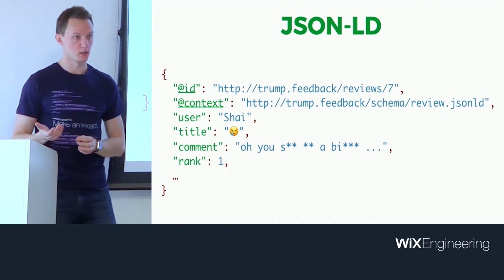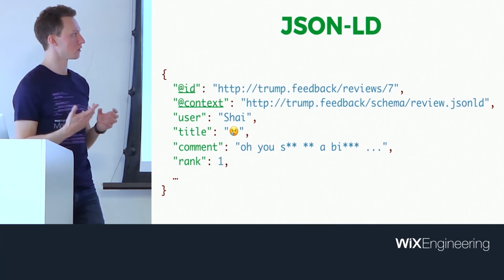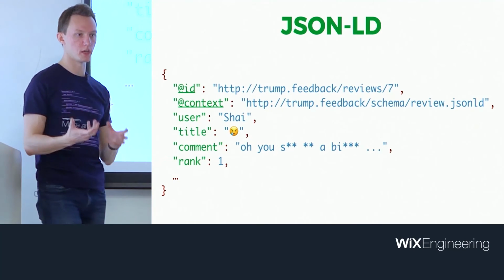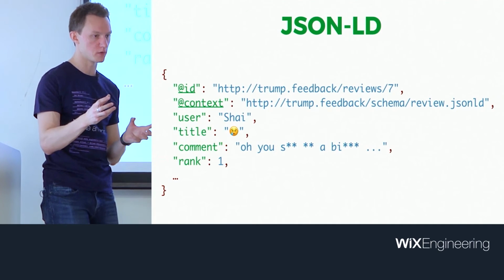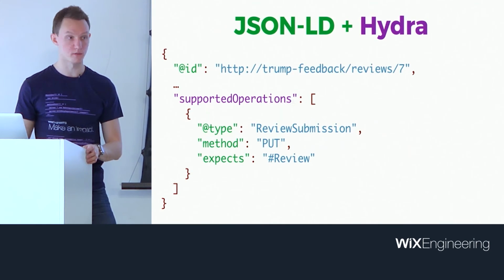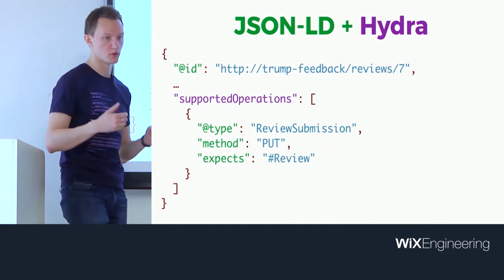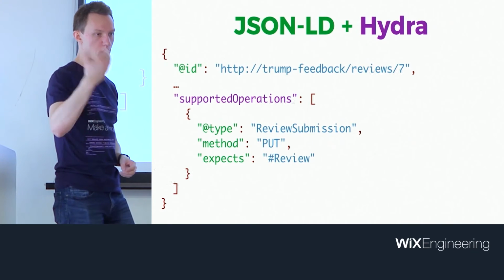The downside of JSON-LD is that it doesn't support any modifications. You can just read the data, but you cannot manipulate the resources. For that, there is another thing called Hydra. It's an extension over JSON-LD that lets you add supported operations and define your operations.